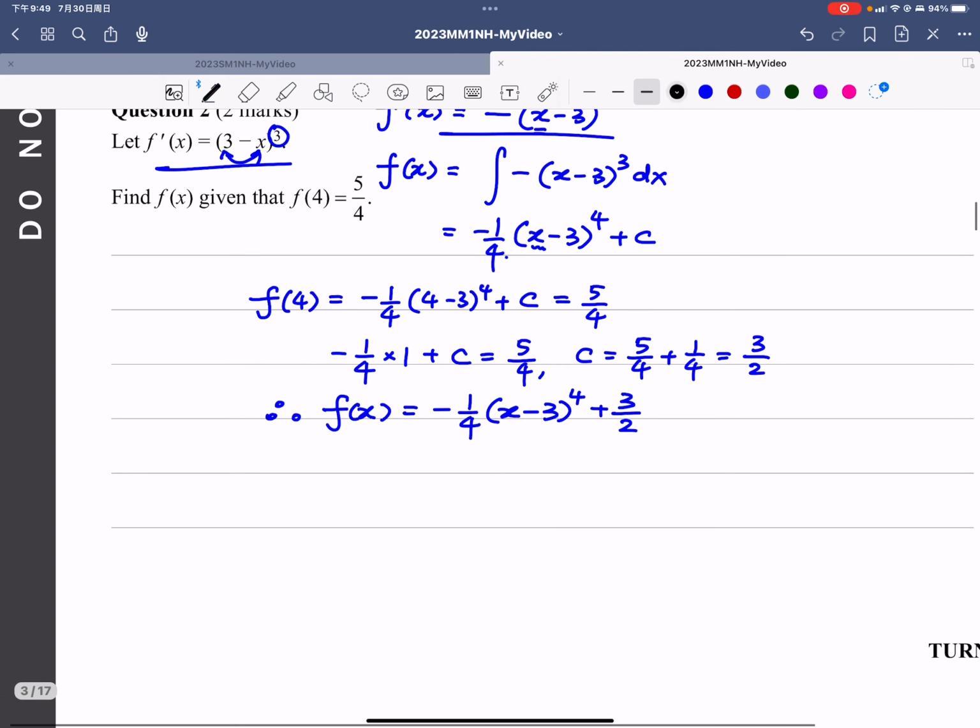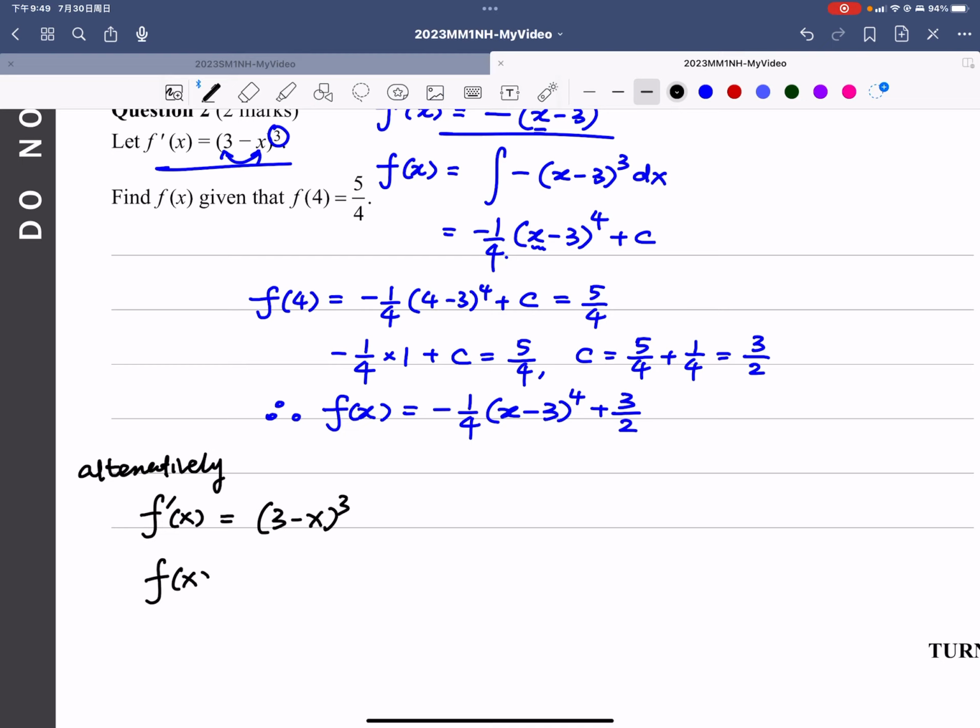Small discussion: I suppose if you keep the original order, you can have, for example, 3 minus x to the power 3 still, but you anti-differentiate this one to get 1 over 4 times minus 1, (3 minus x) to the power 4, add a c, which is still minus a quarter, (3 minus x) to the power 4 plus c, okay?